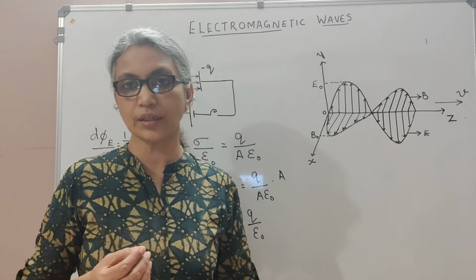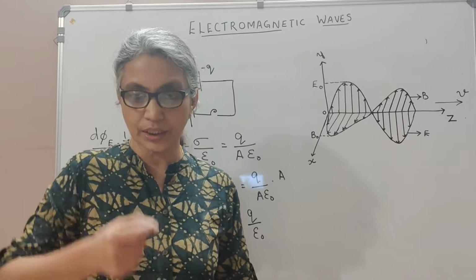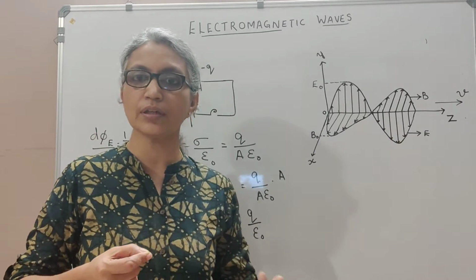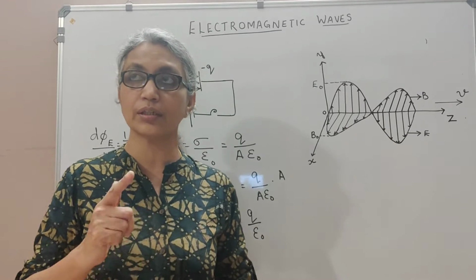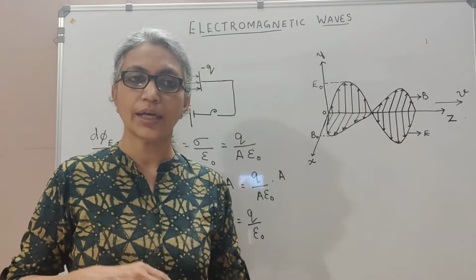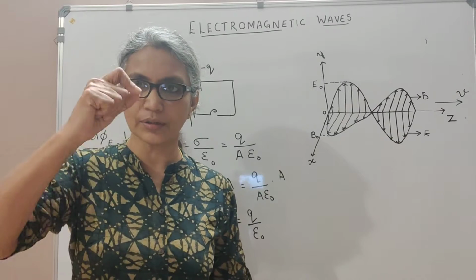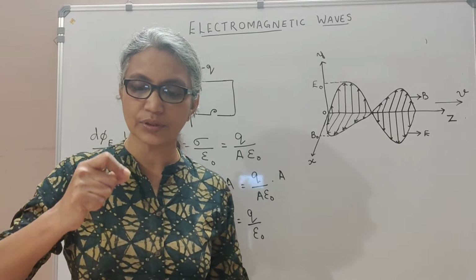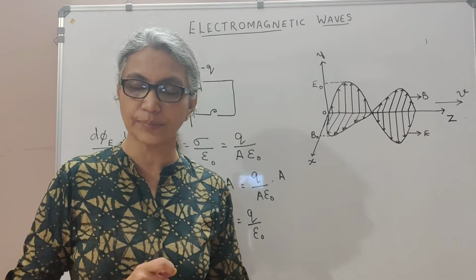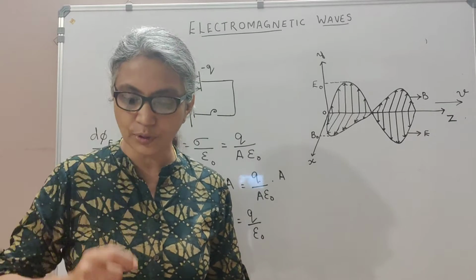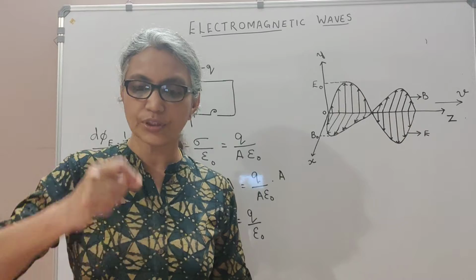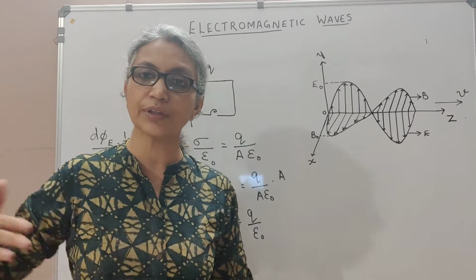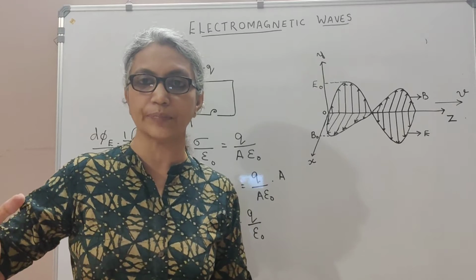So what we need here is an oscillating charge. Any oscillating charge is an accelerated charge. You have learned the chapter called oscillations in 11th standard, and in that chapter you've learned that every particle that is oscillating about a mean position has an acceleration which is directed towards the mean position. So if you have an oscillating charge, which is also an accelerating charge, it produces an electric field that is also oscillating with time.